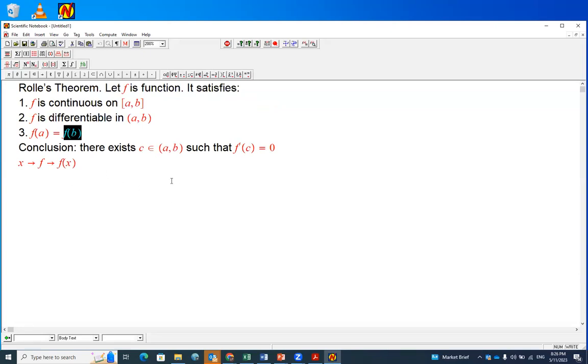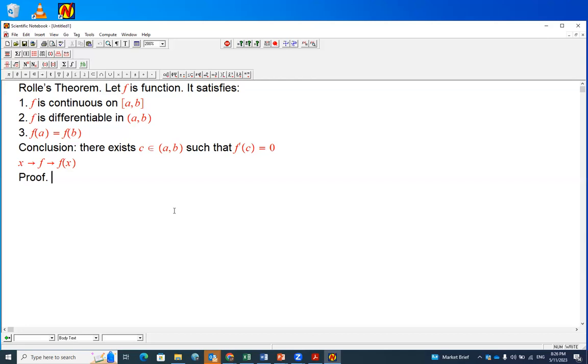All right, so now let's do the proof. To prove this theorem, we will consider three cases. There can only be these three cases.